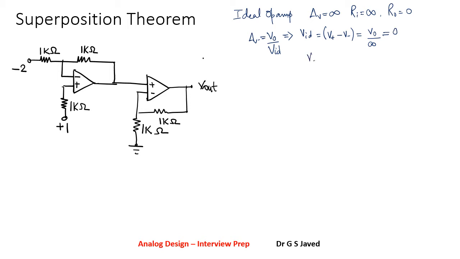So this effectively gives V plus minus V minus equal to 0. This is the equation that we will be using.